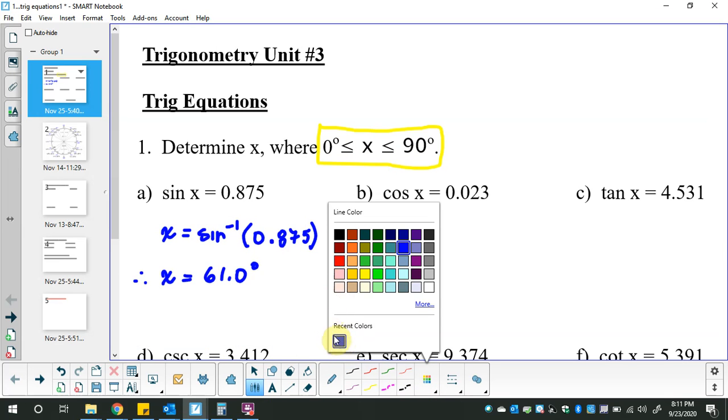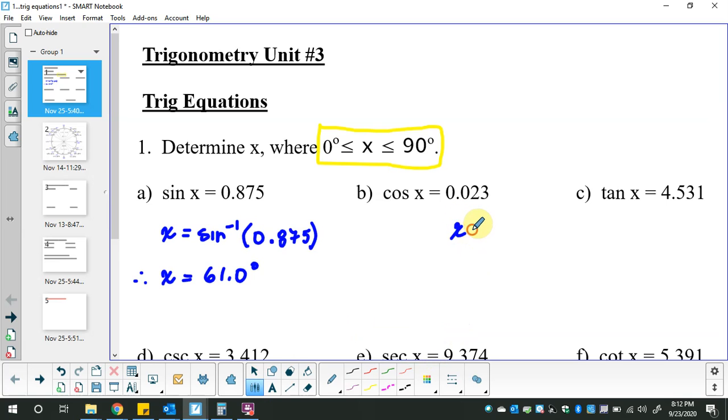So second question is x equals, so same deal, only this time instead of second function sine or sine inverse, it'll be cos inverse, and you're applying it to this decimal, which represents the adjacent over hypotenuse for a triangle, and we're trying to figure out the angle for that.